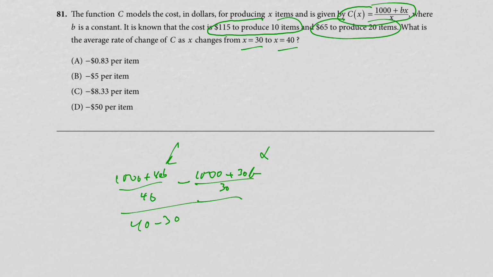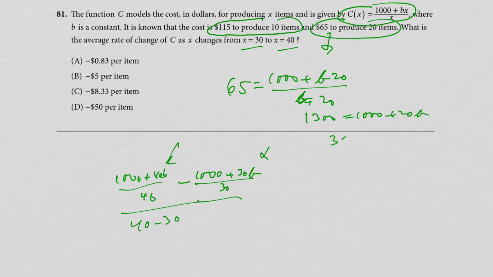Easiest way to do that is to pick one of these numbers like 65, 20, and just put in 65 equals 1,000 plus 20B over 20, sorry. Multiply both sides by 20. 1,300 equals 1,000 plus 20B.